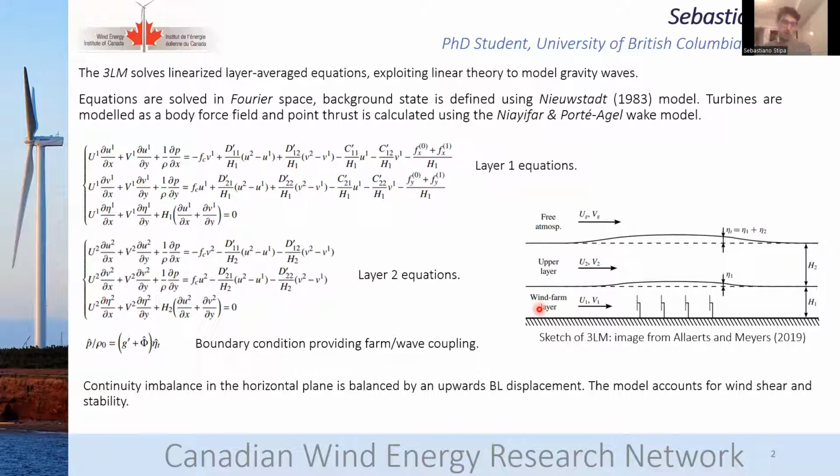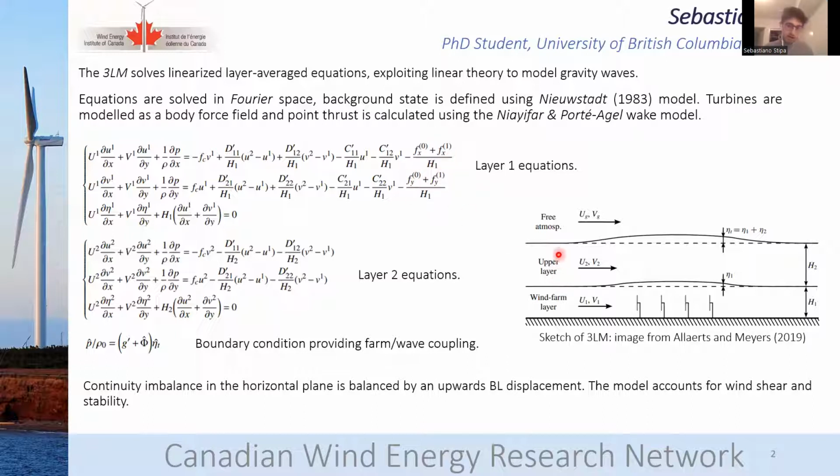What is suggested by Allaerts and Meyers is to choose the first layer height to be twice the hub height, so that the wind turbine will always be enclosed in the first layer, because that's the layer that accounts for the presence of the wind turbine through the body force.